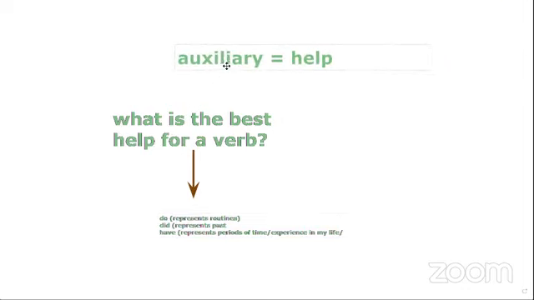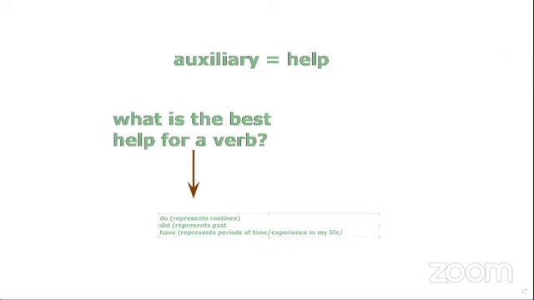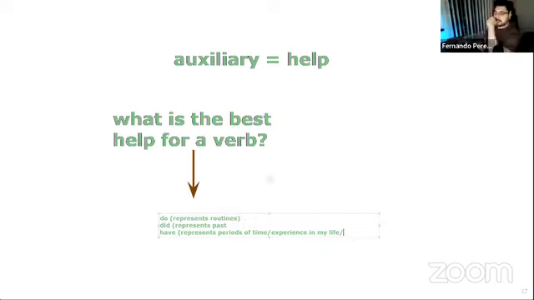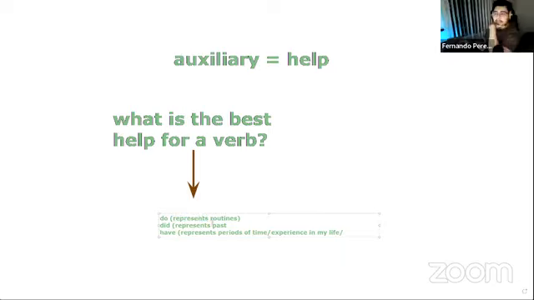Only auxiliaries. Check your handbook. Past participle. That's not a representation. I'm not talking about grammar. I'm talking about the context of the conversation, of the idea.